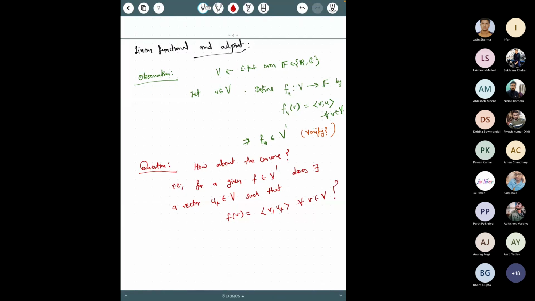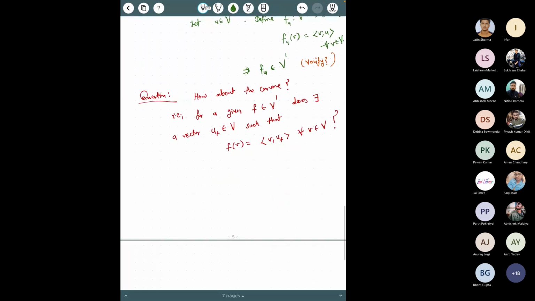And for this, the answer is yes if V is of finite dimension, and no if V is infinite dimensional in the inner product space. So I'll give you one example. The answer for this is not in general.